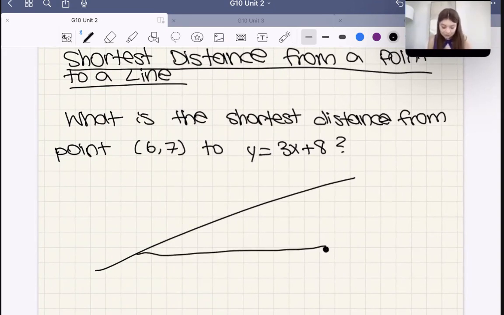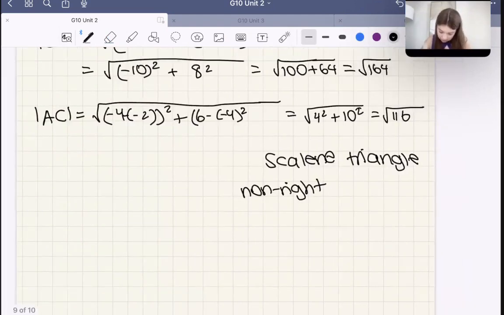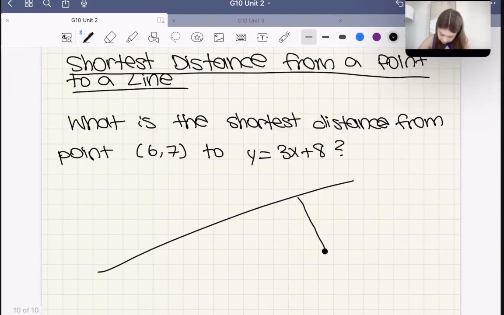What you would do instead is probably draw something more like this, because that's clearly a much shorter distance. In fact, the shortest distance is where we intersect at 90 degrees.